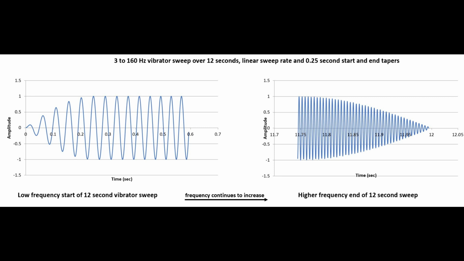On the left is the start of the sweep, where we have an amplitude taper on the sweep starting at a lower frequency, and we increase to higher frequencies. And on the right hand side, we've achieved the higher frequencies, and then we generally taper down the amplitude to the end of the sweep.